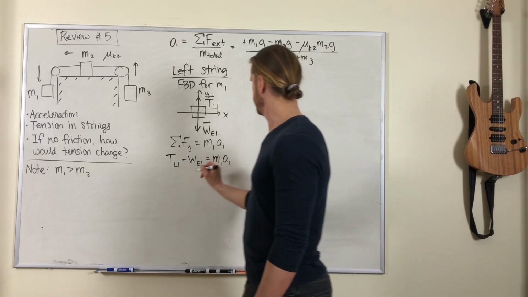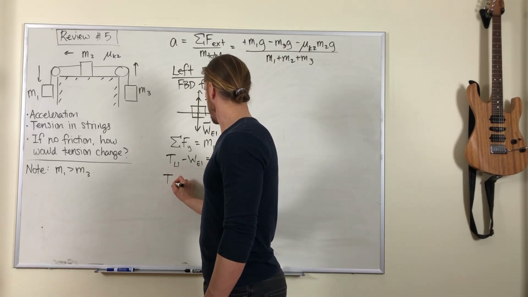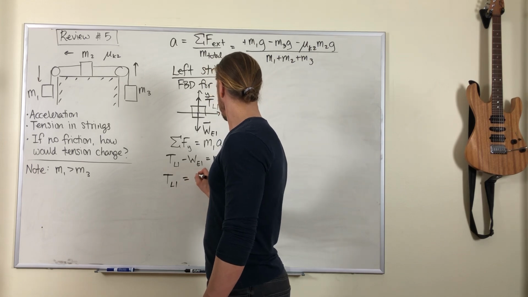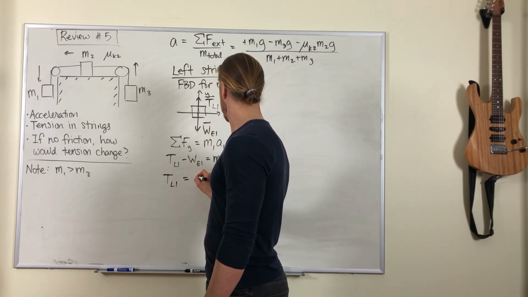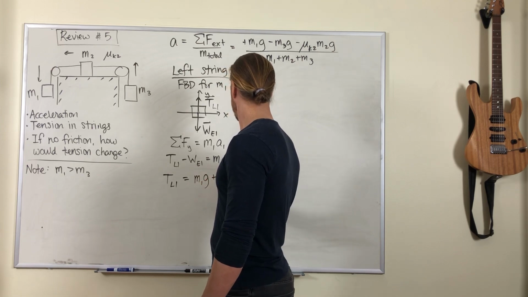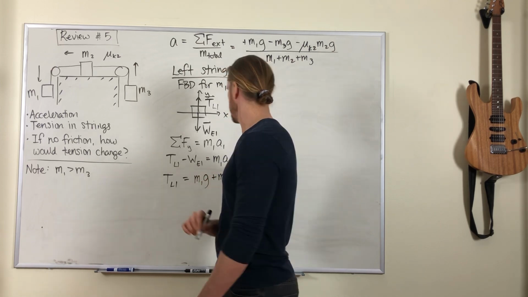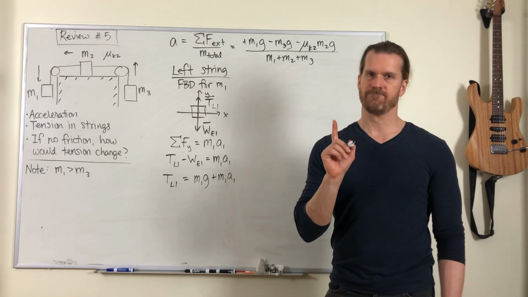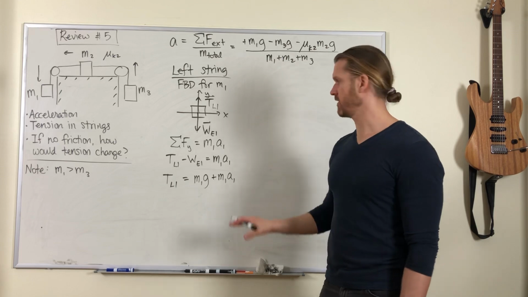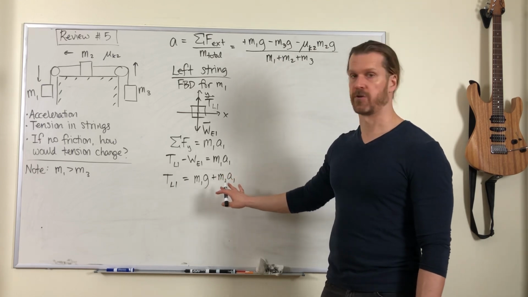And we've got T_L equals gravity force, that's M1G, plus M1A1. And now there's just one subtle thing to keep in mind. This is the trickiest part of this problem.